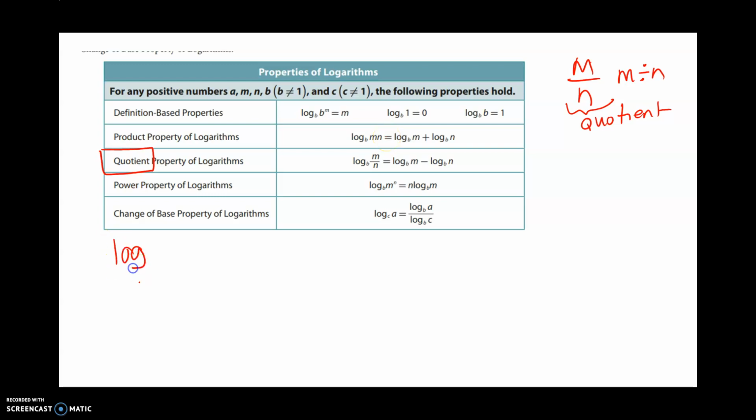So log, we'll just leave it as common logarithm base 10, of m divided by n is log of m minus log of n. So on the first page, we found that if it's a product, you add. On this page, if it's a quotient, you subtract. Okay? We'll do more samples there.